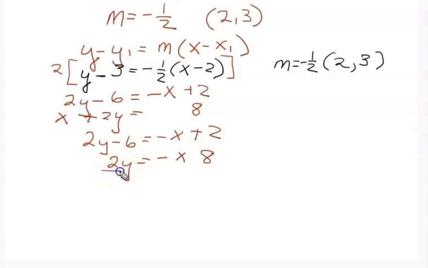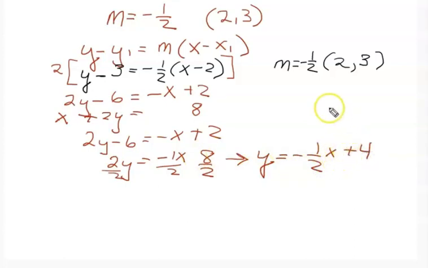Now we're going to divide everything by 2. Keep in mind there's a 1 there. And then now this becomes y equals a negative 1/2 x plus 4. Okay. Now notice we have our slope as a negative 1/2. Well, it comes out here as a negative 1/2. We're in a sense just finding our new y-intercept.